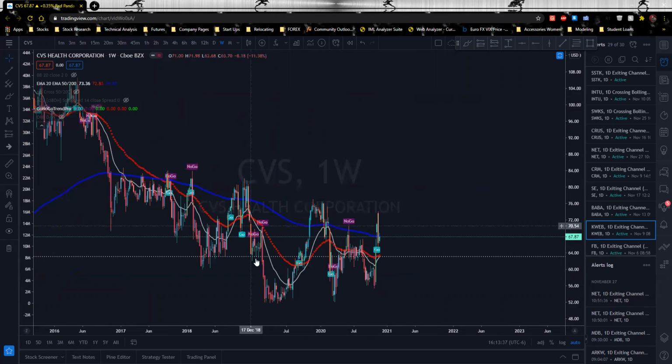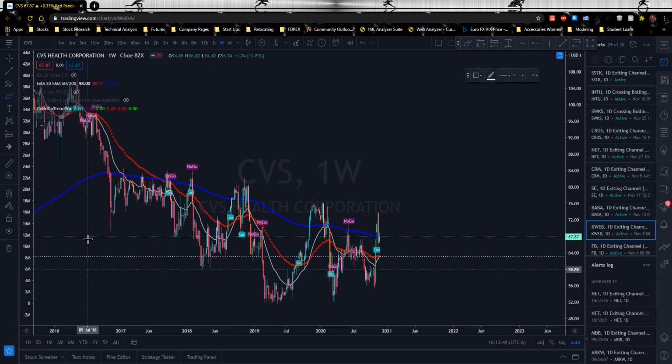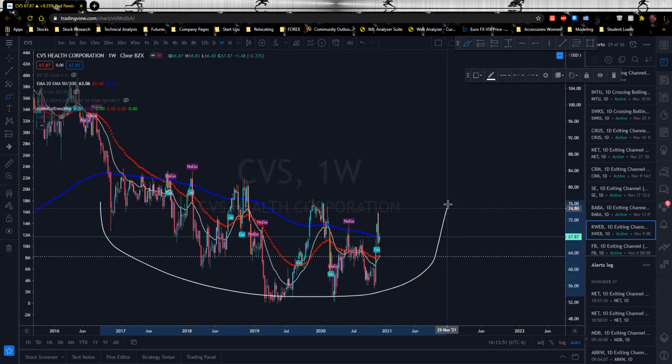Now, there's other stuff that helps me know that we're possibly getting ready for an uptrend. The reason I'm saying that is because right here we have what I like to call accumulation. Accumulation is basically the Wyckoff method, the principal laws of cause and effect and volume, and what he calls the composite man.